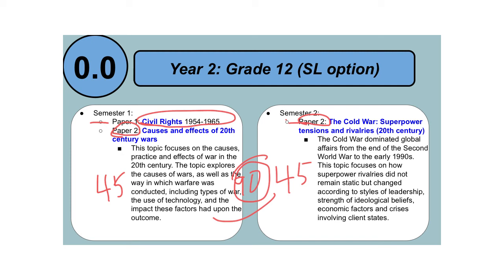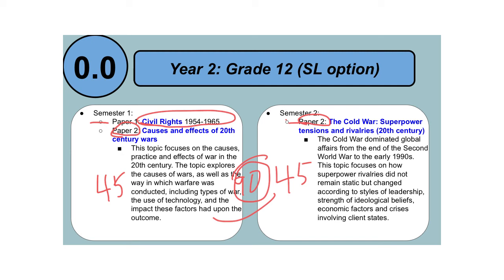So if you take the course at the standard level, at the SL level, when you take the IB exam, you will actually be able to choose which Paper 2s you want to write on. So all of the students will take the same Paper 1 exam.